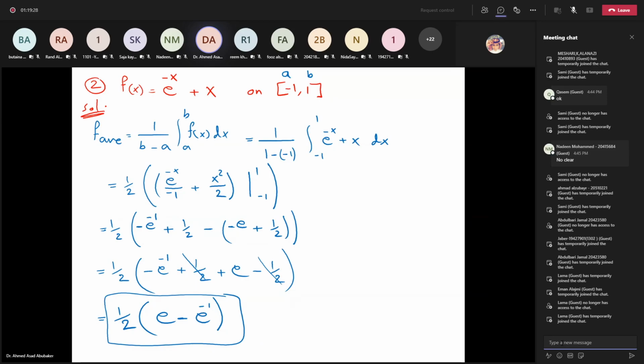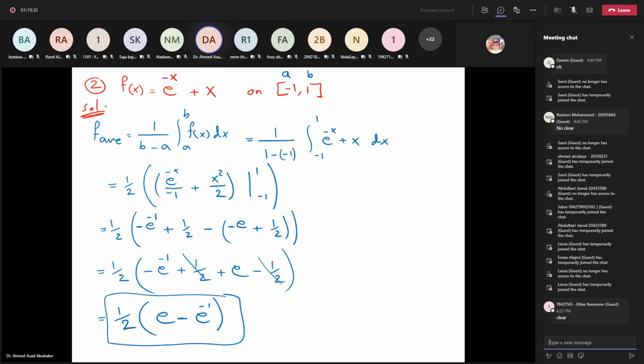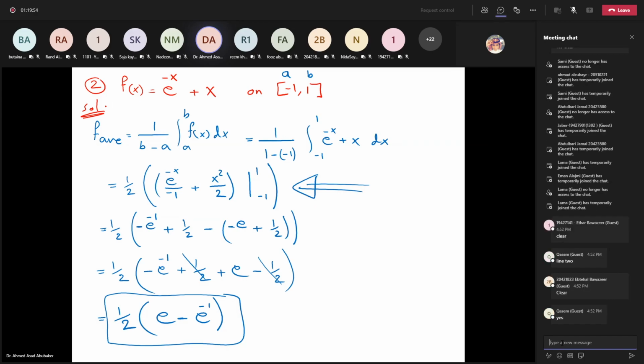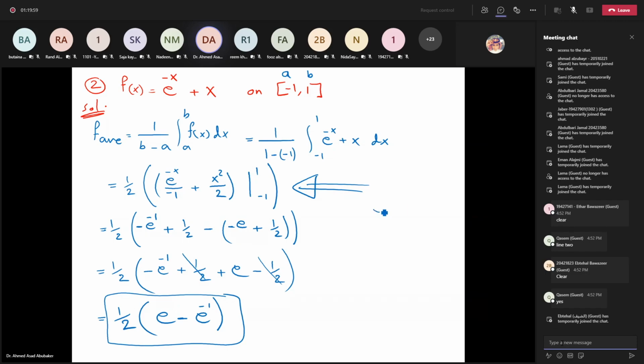Any question? Line 2, this one. What is the integral of e to the power negative x, and what is the integral of x?